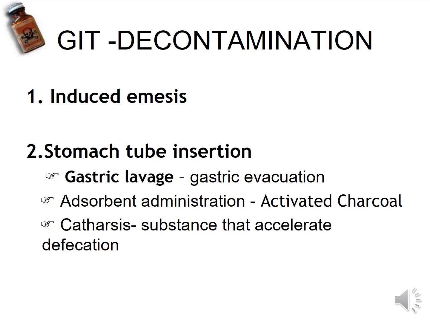One is induce emesis. Second is insert a stomach tube and do gastric lavage, which evacuates the gastric content. Then use activated charcoal, which removes the adsorbent substances, and then use catharsis. These are the substances which accelerate peristalsis and then accelerate defecation, so the poisons are taken out.